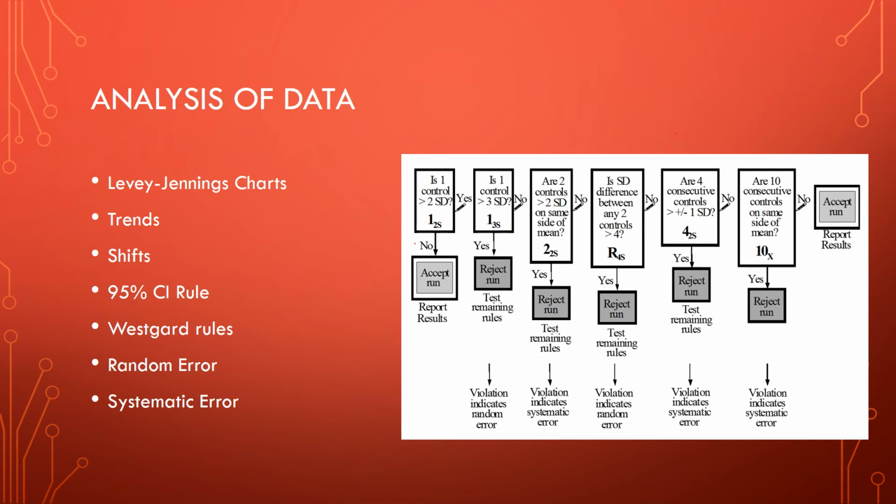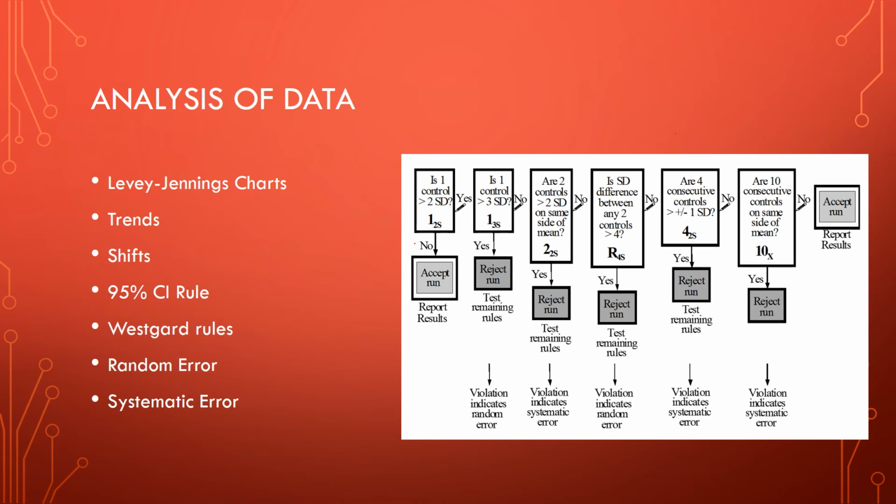Okay, and I don't need to read this whole thing to you. You can see what they're giving you are the Westgard rules here. You've heard of them before. The 1-2S is one result, 2 standard deviations. 1-3S, 1 result, 3 standard deviations, and so on down the line. And what this allows you to detect are trends.